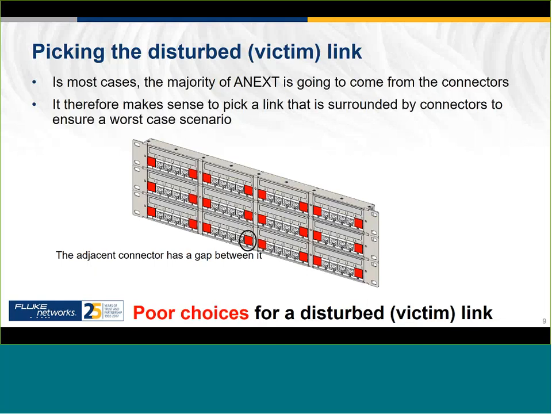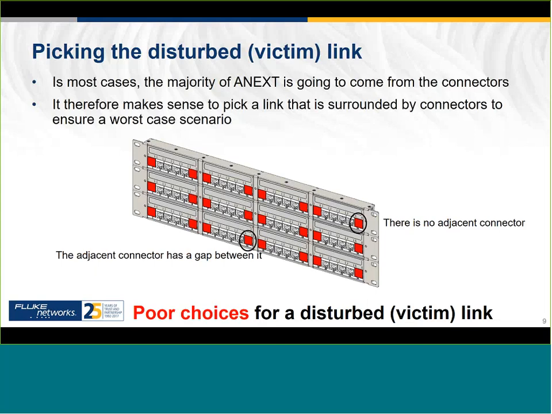There's a chunk of metal in this particular case between them. So they are well separated away. If we look at the top corners, no adjacent connector. So there's no adjacent connector at the ends there. So they're not a good choice for a disturbed or victim link.